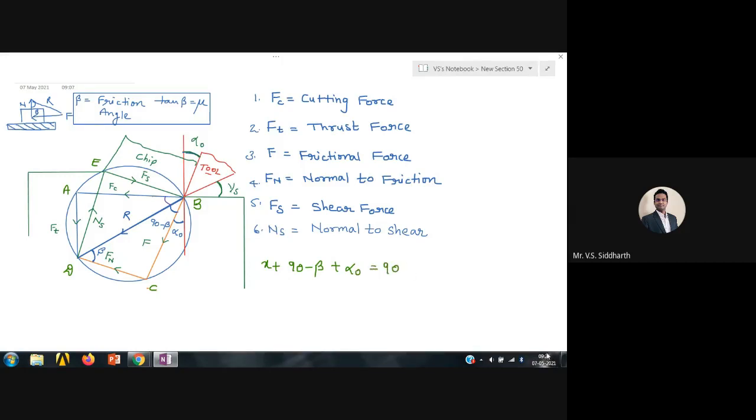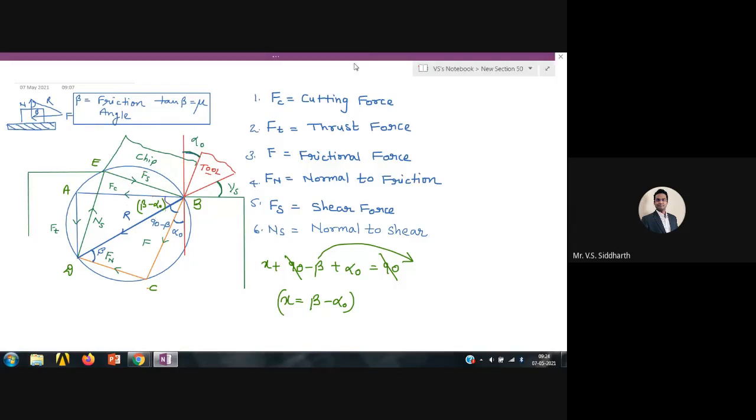This is how I can write it. So this 90 and this 90 will get cancelled. And when you send it to that side, X will be beta minus alpha naught. So this angle is nothing but beta minus alpha naught. Good.